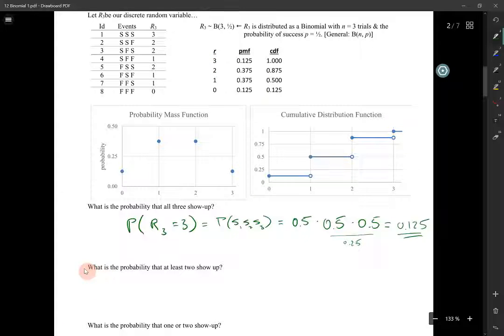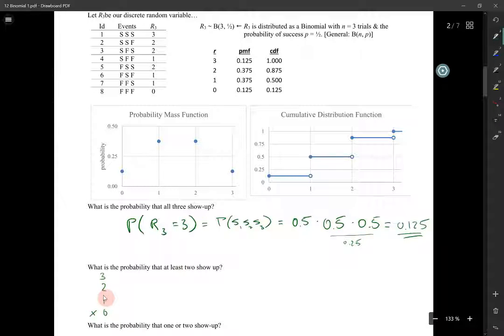So now we want to know, what is the probability that at least two show up? We have our sample space of 3, 2, 1, or 0. This is our entire sample space. So at least 2 will show up. If 0 show up, is that it? No, that's not at least 2 show up.